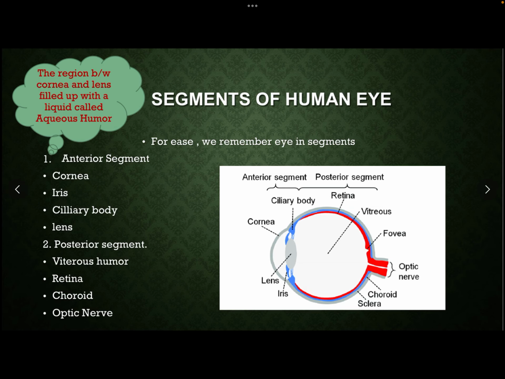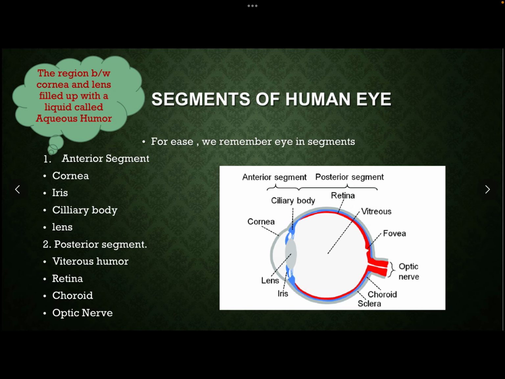Let's move towards the posterior segment. The posterior segment covers the vitreous humor, retina, choroid, and optic nerves. You can see the cornea and the lens, and this place is filled with the aqueous humor.